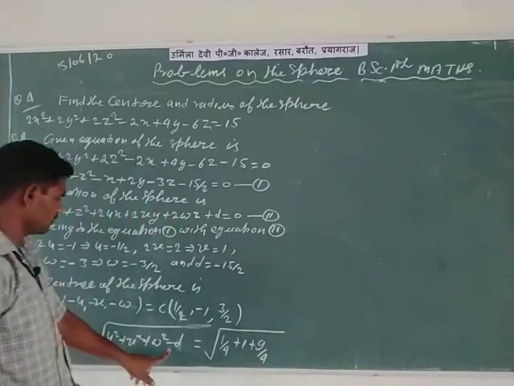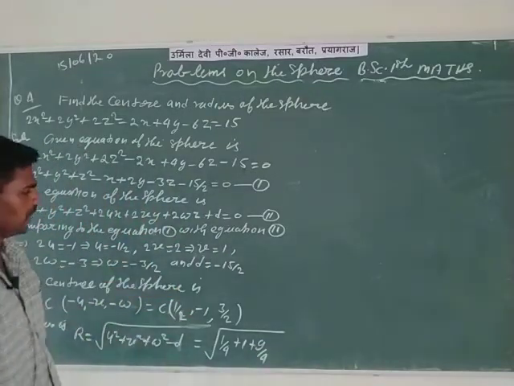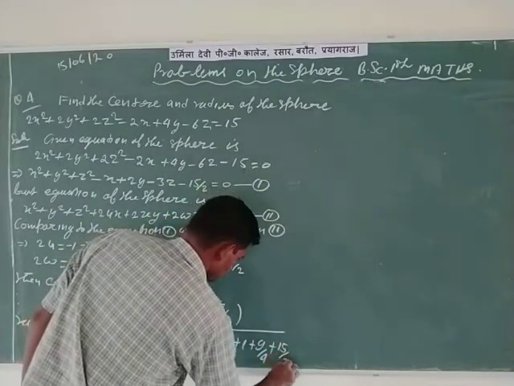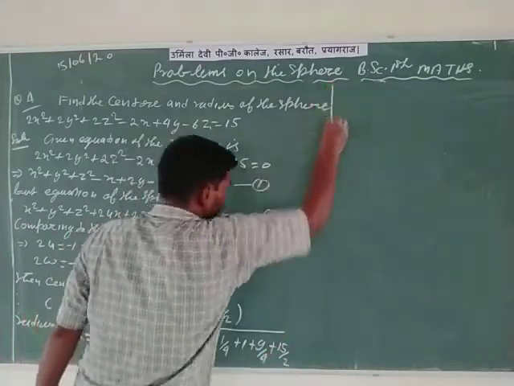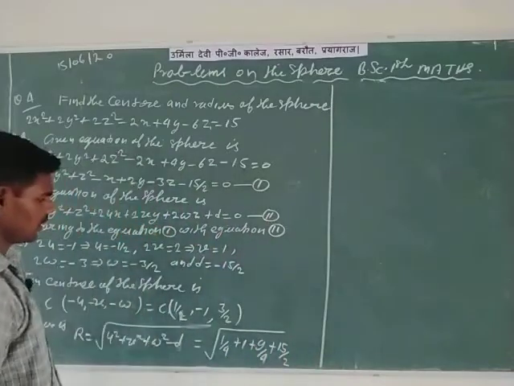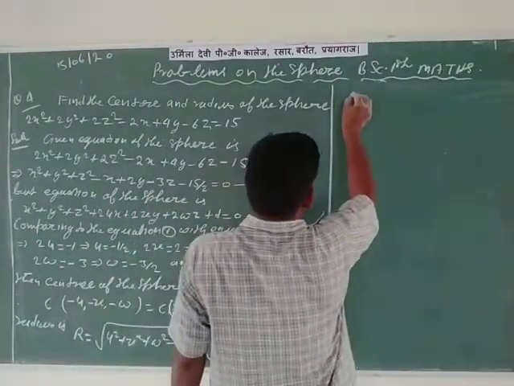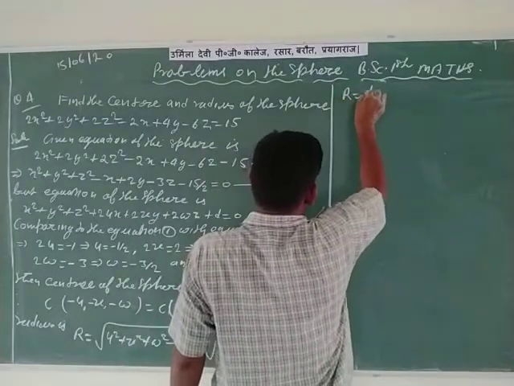At last d is equal to minus 15 by 2, so minus minus plus 15 by 2. Simplify this equation. Here taken 4 as LCM, and radius R is equal to 1 by 2.